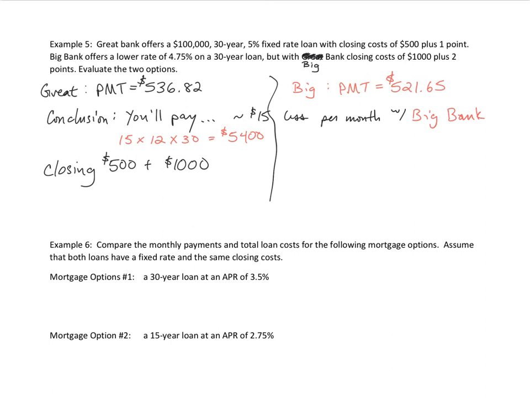The closing costs for Big Bank are $1,000 plus 2 points, which would make it $2,000. So here, total closing would equal $3,000.